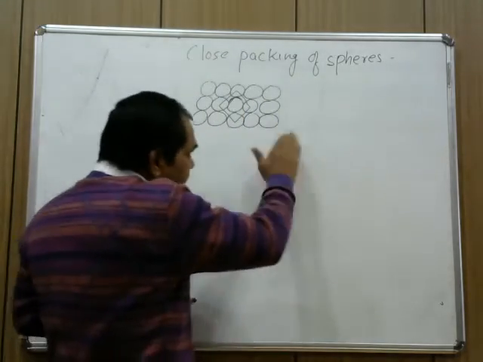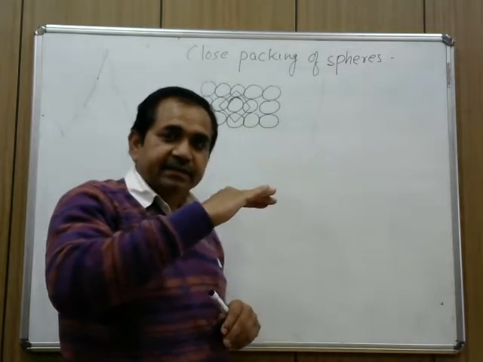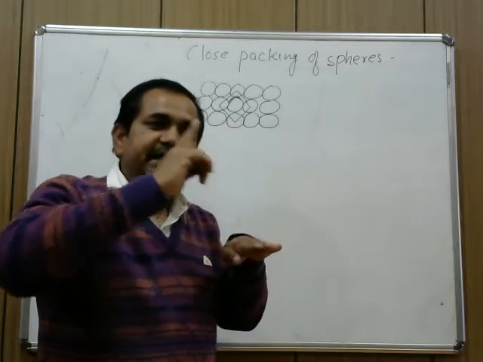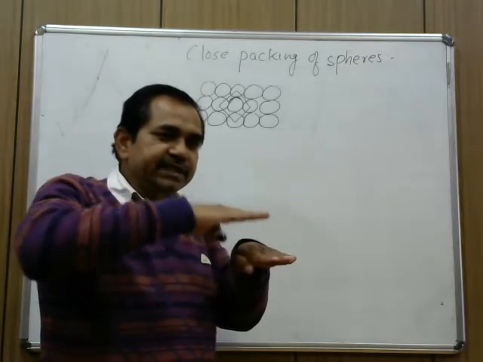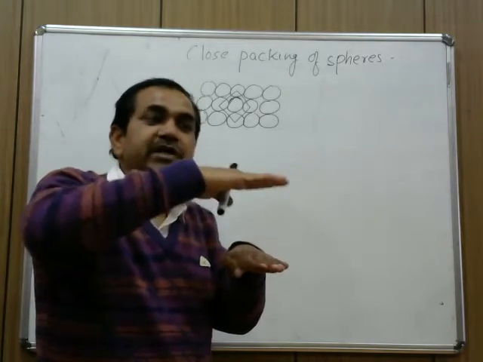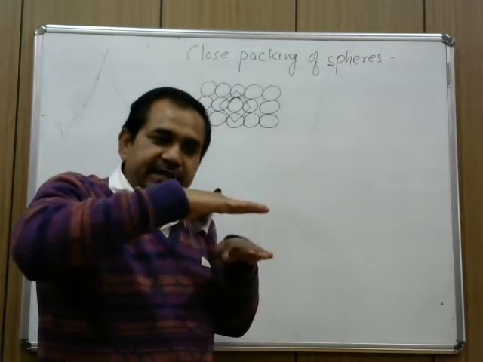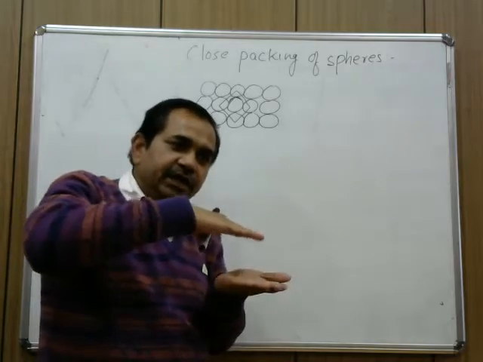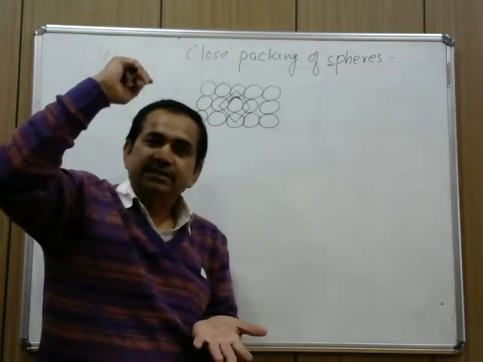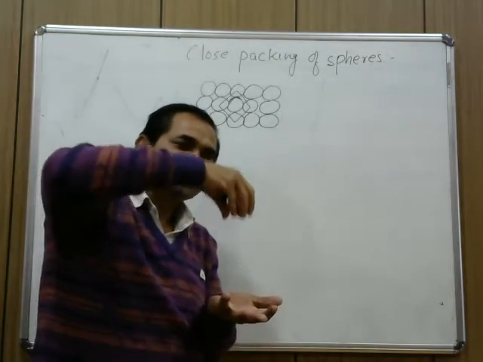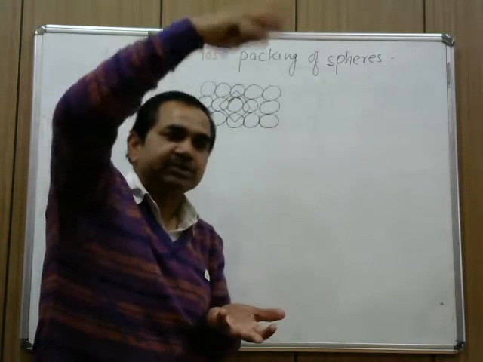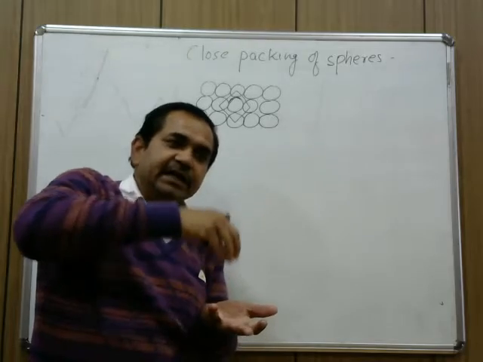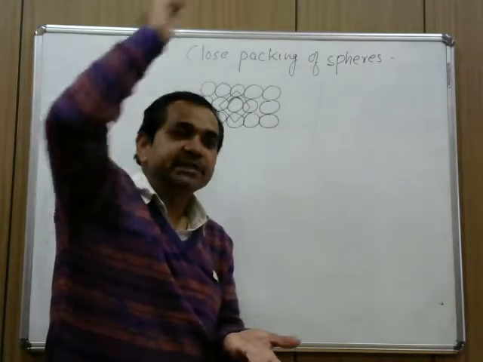If the arrangement of spheres of the first row is termed A, then the spheres of the second row are also A, and the spheres of the third row have the same arrangement. Throughout the crystal, all spheres of the first row, second row, third row, up to the nth row, are aligned with each other, and the spaces are also aligned.